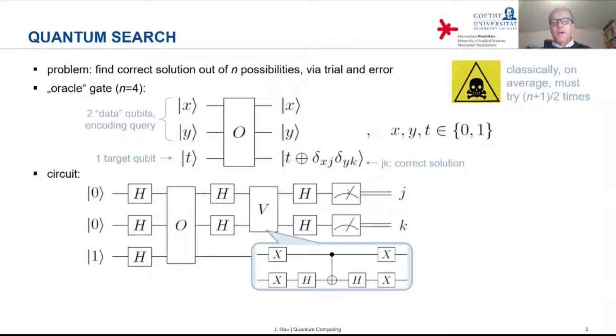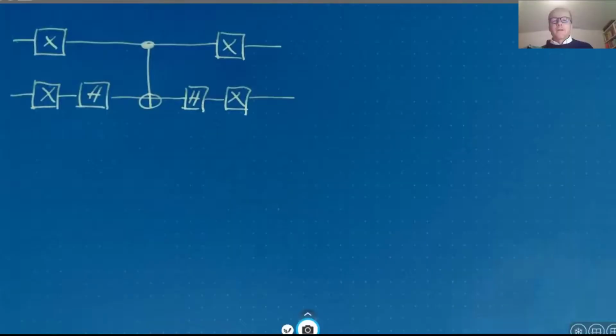Then we have a controlled NOT, another Hadamard for the lower qubit, and then at the end 2 more Pauli X's. So here it is. This is the blow up of this 2-qubit gate V. And let's try to understand what that gate does.